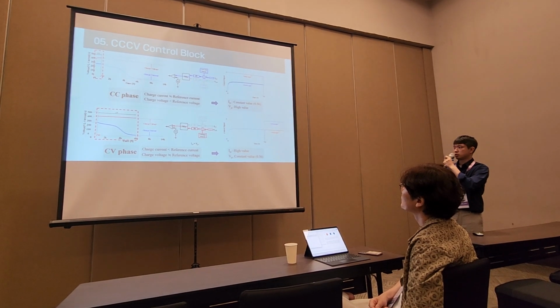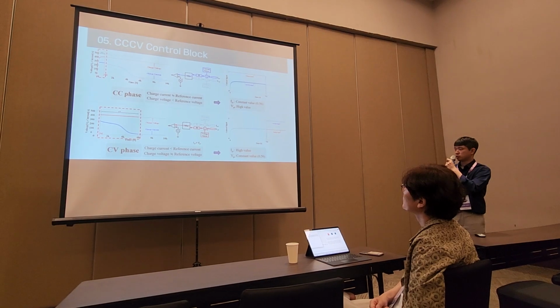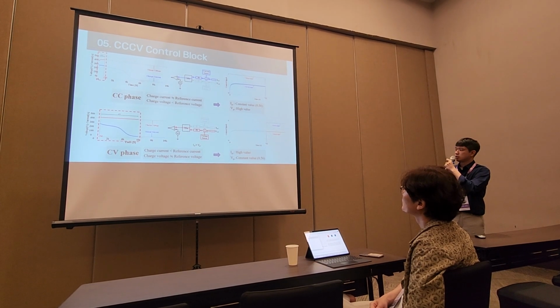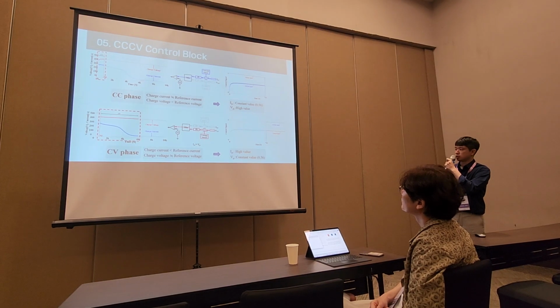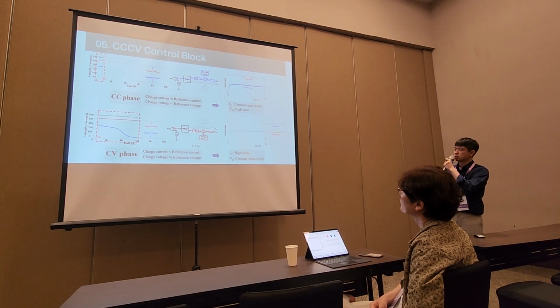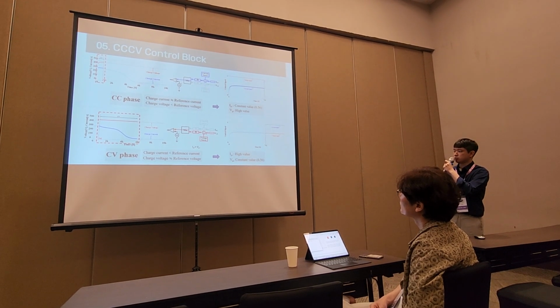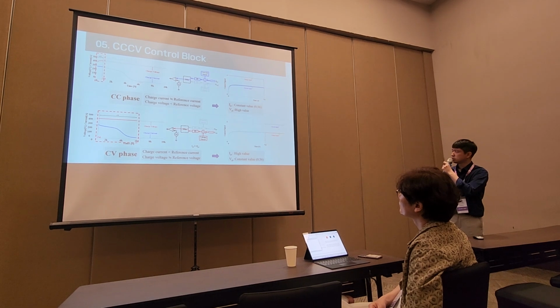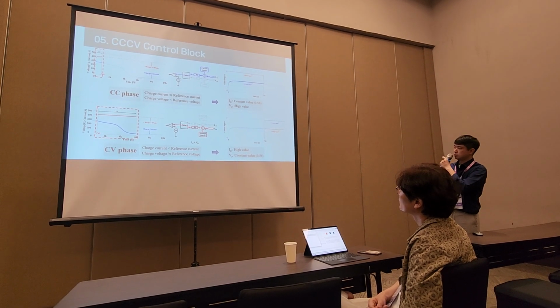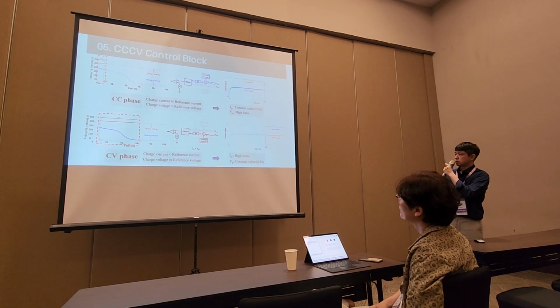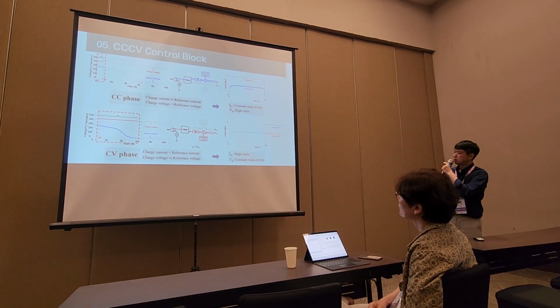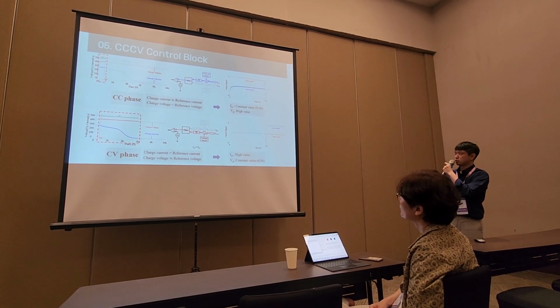As the battery charges, the voltage of the battery increases, and at some point the charge current is lower than the reference current, and the charge voltage is almost the same as the reference voltage. So the minimum block selects the signal of the voltage, and this is how CC-CV control works.